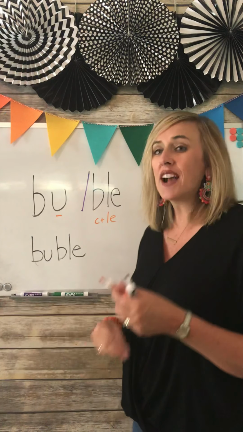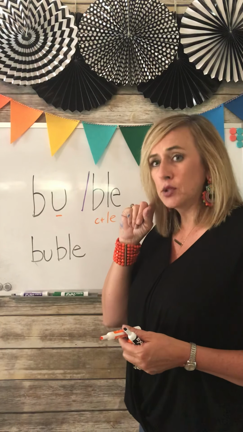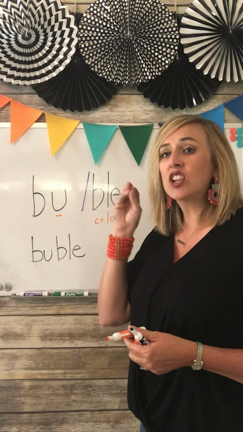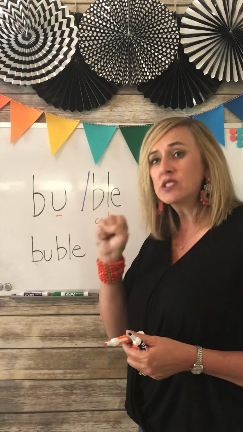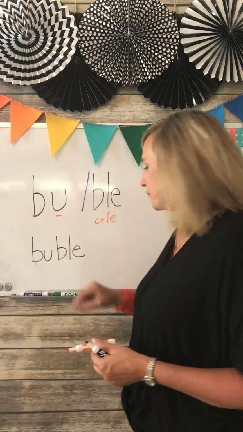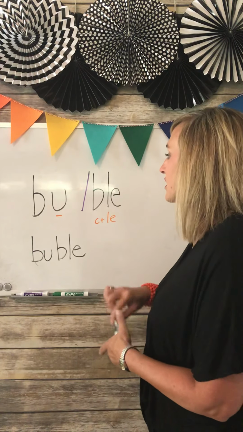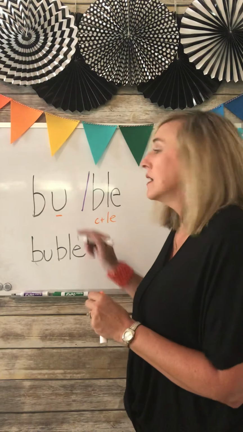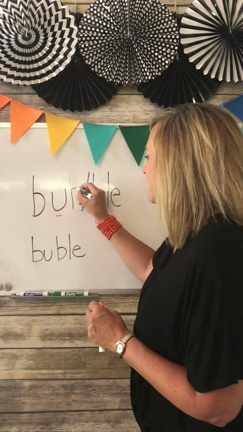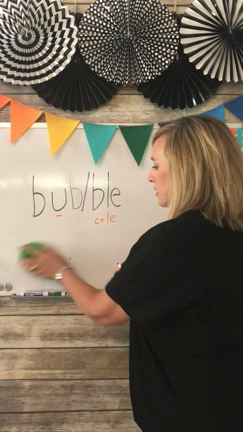So we've got to change something up. When I listen to bull, I hear the short U, or the closed syllable U. I need to make that a closed syllable. So in bubble, I know that first syllable has got a B at the end of the first syllable to make it a closed syllable.